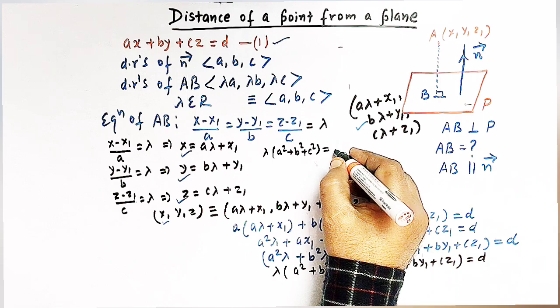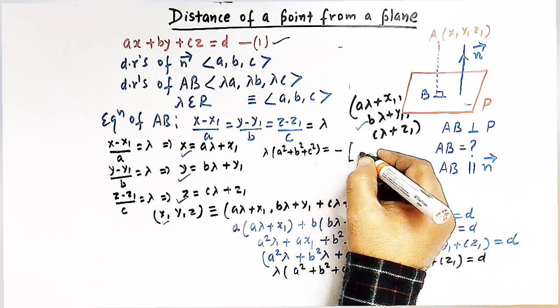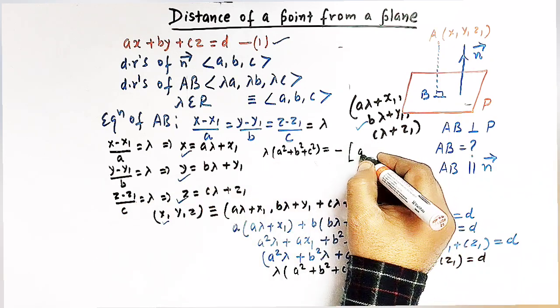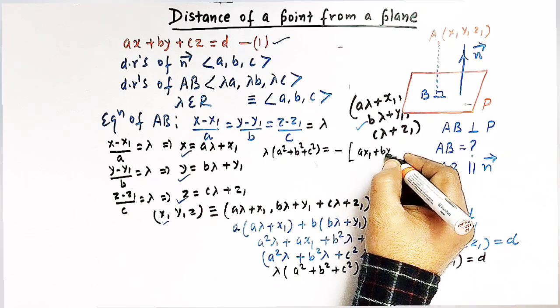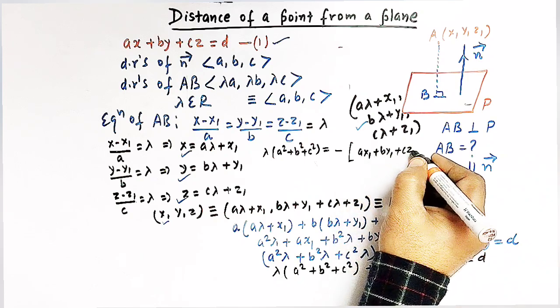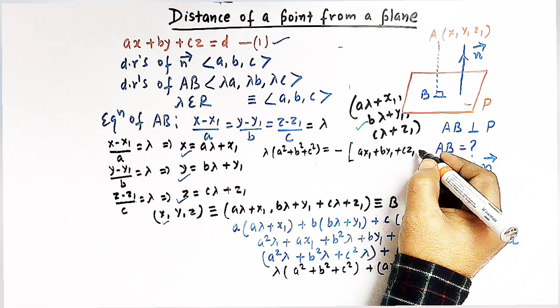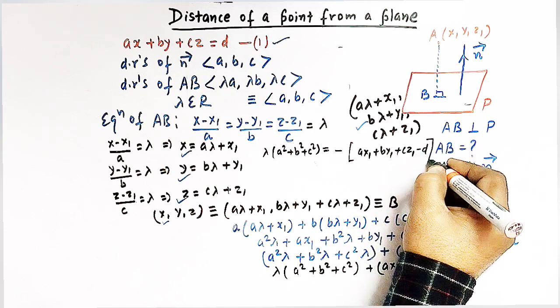So we can now write a minus ax1 plus by1 plus cz1, and here we have a minus d, right?